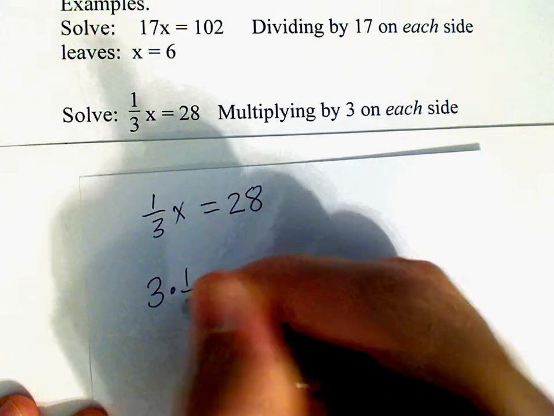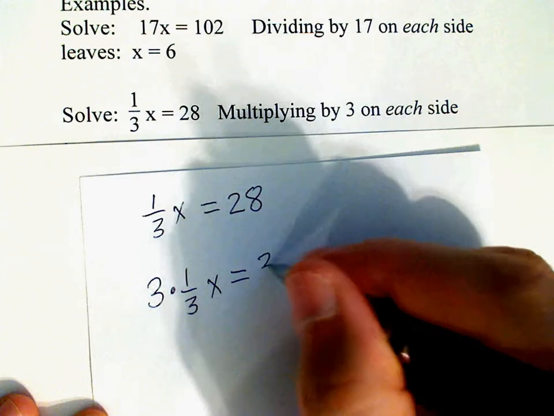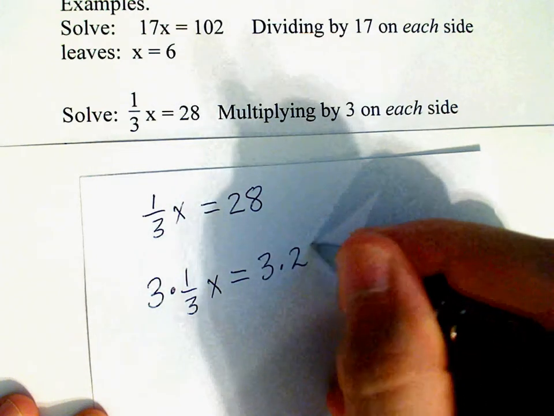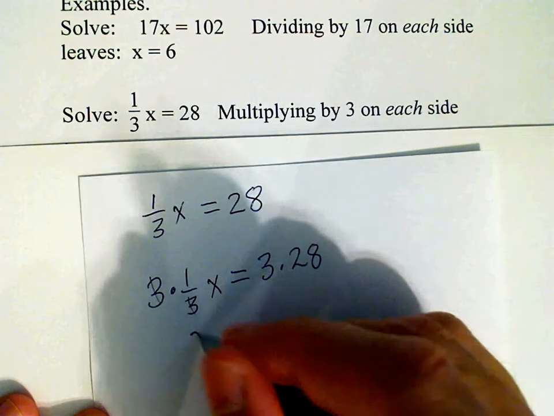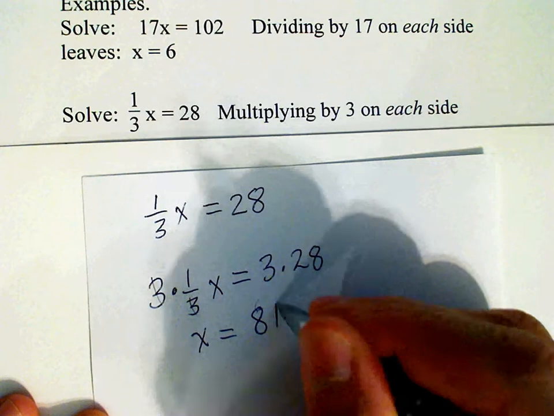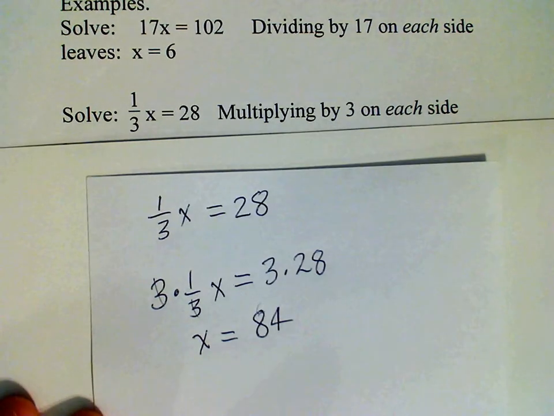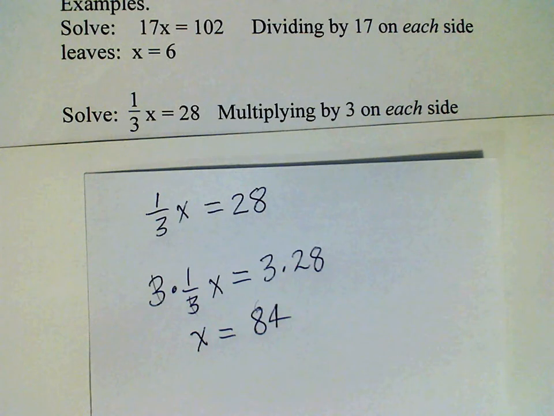We multiply 3 times 1/3. Those 3's cancel out, don't they? Okay, so the 3's cancel out, and we're left with x equals, which is what we want. X equals 84. And it's easy to verify that 1/3 of 84 is equal to 28.